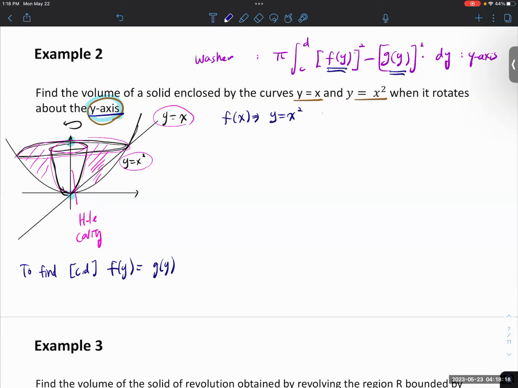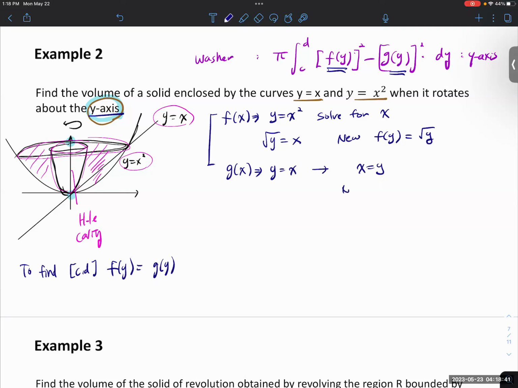If you solve for x, x is radical y. This is your new f of y equal to radical y. Likewise, for y equal to x, solve for x: x equal to y. So the new g of y is y.